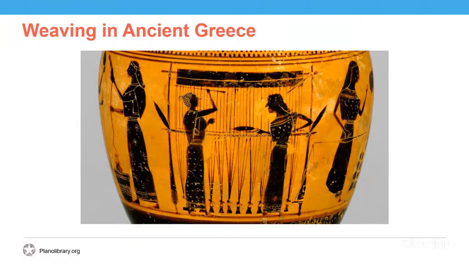And then, because we're the library, we're of course going to talk about literature. In Homer's Odyssey, Penelope was waiting for her husband Odysseus to return. And she was sure that he was alive, but everybody else told her to move on and marry somebody else. So, to keep her suitors at bay, she tells them that she is going to weave a funeral shroud for Laertes, her father-in-law.